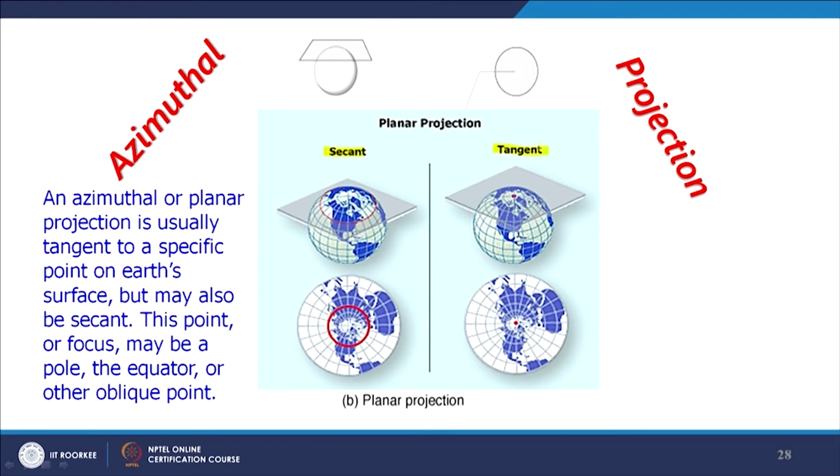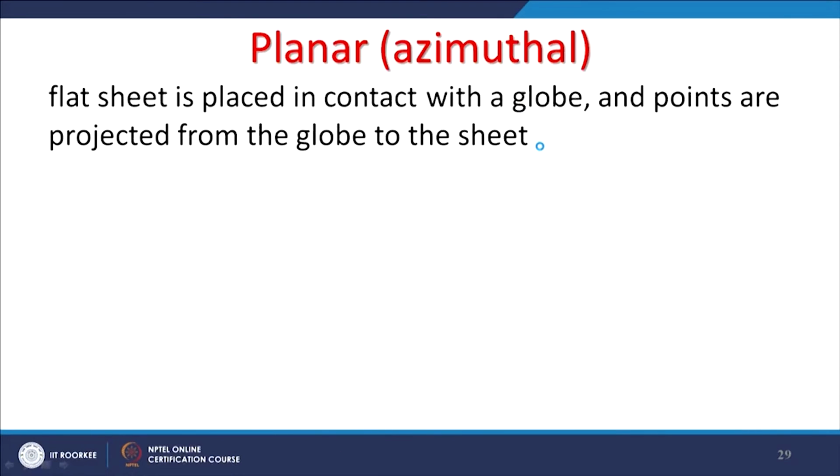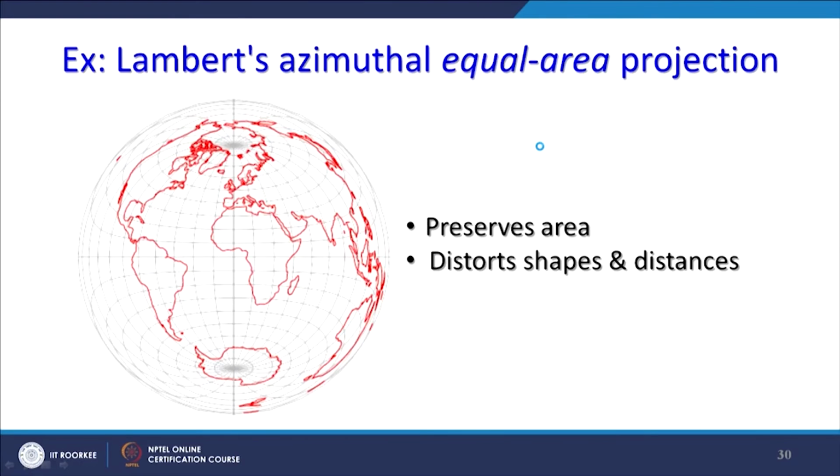If you are having a tangent touch or tangent connection, it would be like this. Whereas in planar or azimuthal projection, a flat sheet is placed in contact with the globe and points are projected from the globe to the sheet, and likewise you can have a projection like this one.